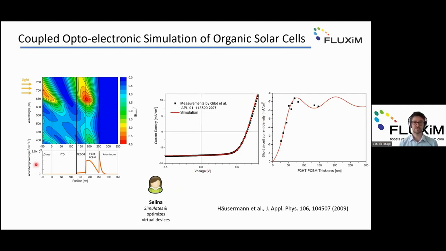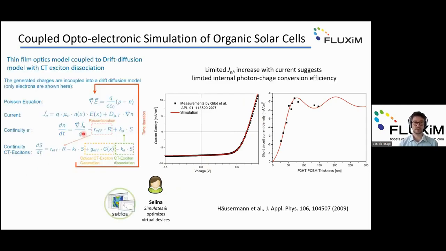So, emerging solar cells with a stack of different materials, and this software is telling you where the photons are going to be absorbed. Then these photons are going to be passed to diffusion equations. You have exciton generation, if this is an organic solar cell, for example, then exciton dissociation. You're bringing in the excitons, the charges in the drift diffusion equations.